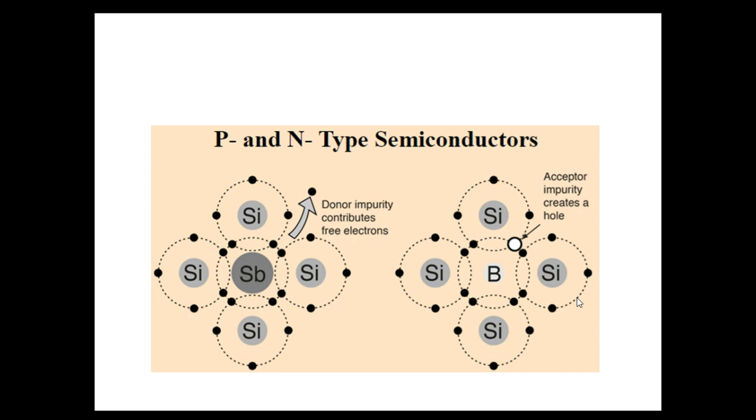If you add multiple Sb atoms, this will contribute to an N-type semiconductor, and if you add multiple boron atoms, this will contribute to a P-type semiconductor. So this is all about P-type and N-type semiconductors, which you are already clear about.